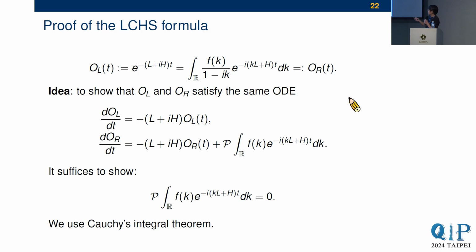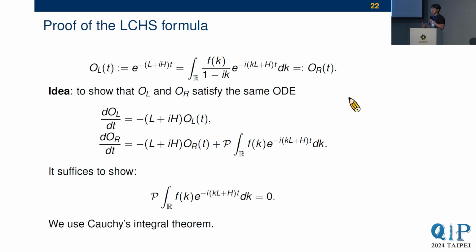The left-hand side is extremely easy, which is this. The right-hand side is a bit trickier because when you take the derivative down, one of the minus ik factors gets canceled, but then you have this part where this is the Cauchy principal value. The structure is that if you can prove this remainder term is 0, then you're done, and what we prove is exactly that.